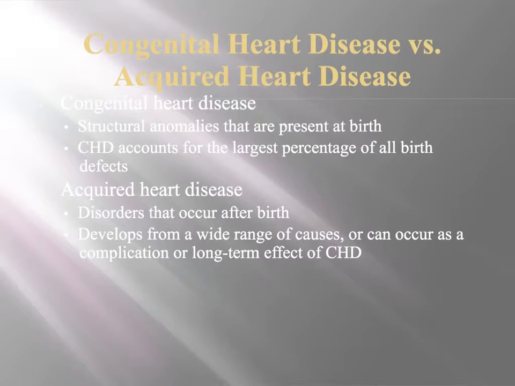If you do not know what rheumatic fever is, I would have you go ahead and research that yourself. Rheumatic fever, as we know, can affect the valves of the heart, and then that can lead to heart failure. Cardiomyopathy, infective endocarditis, hyperlipidemia, hypertension.